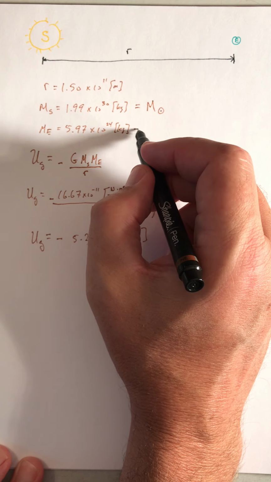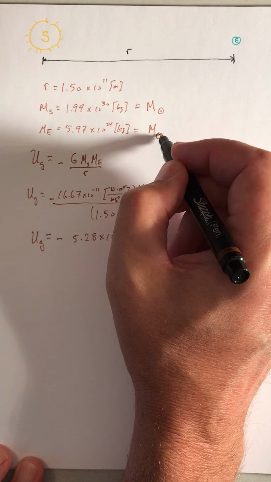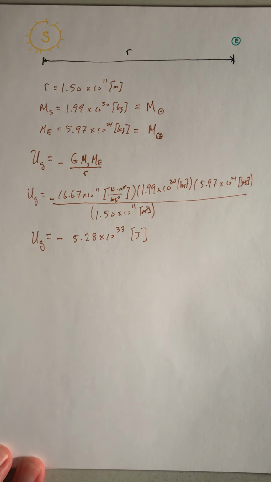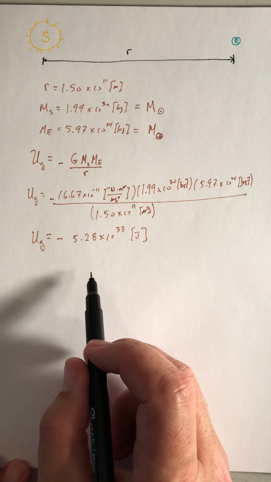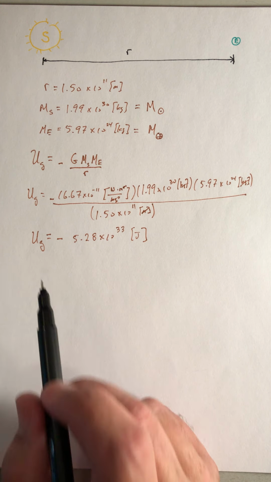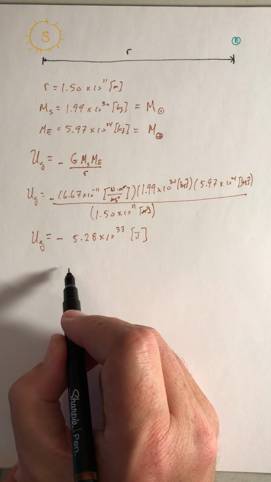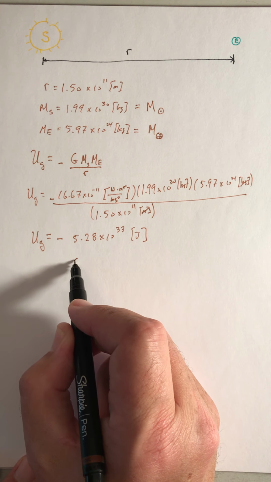Mass of the earth, instead of M sub E, circle with a cross. So every major object in the solar system has a little shorthand notation, and this goes back a long time.